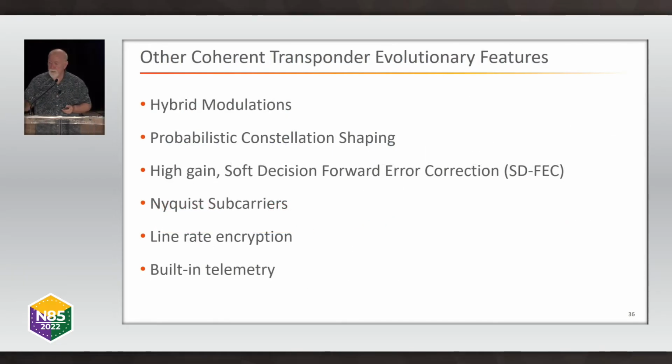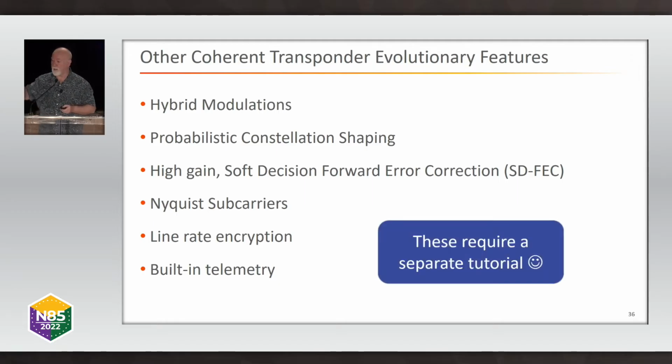And there are lots of other features in transponders that I don't really have time to talk about. These would require an entire separate tutorial. They're all about improving optical performance, right? That's how you get to this 42 terabits in the C band, 80 terabits or so in the C plus L bands.